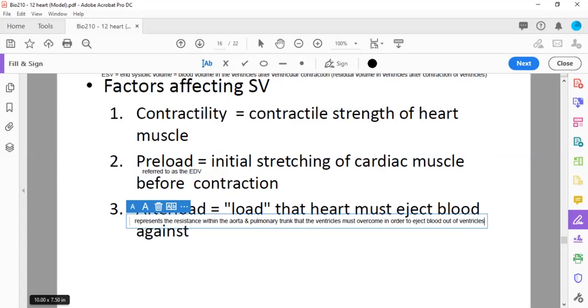What that means is that if the resistance in the aorta and the pulmonary trunk were to increase, that means the afterload would increase.